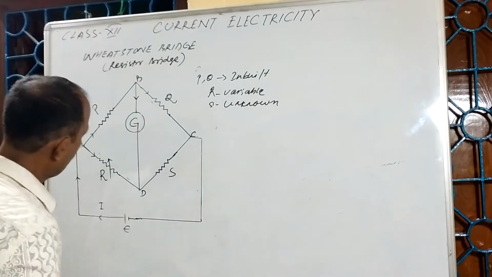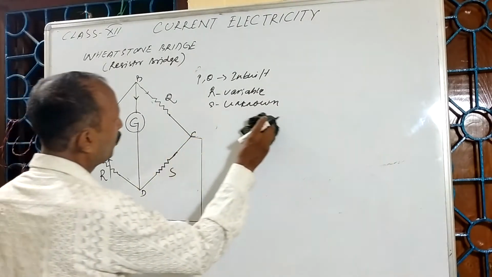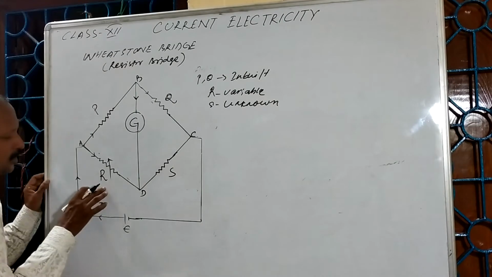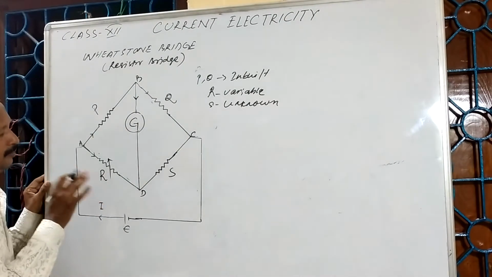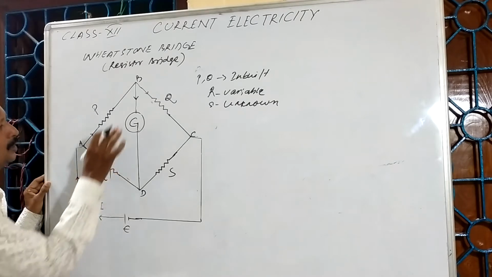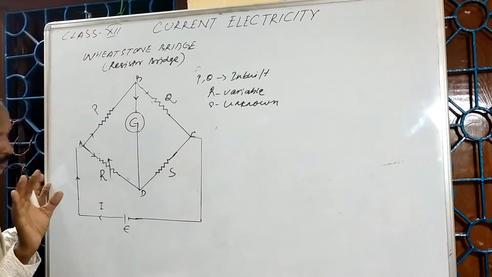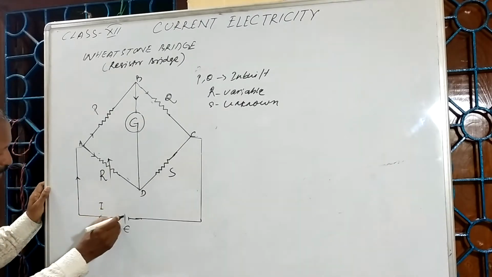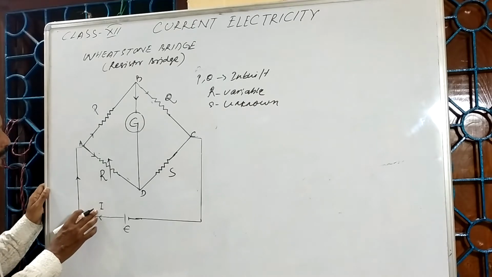So at first we have to see the balanced condition. How is it possible? We have to adjust the rheostat, the variable resistor. So definitely one stage will come when the deflection of the galvanometer will become 0. Now let us see. Suppose from this cell I ampere of current is coming.